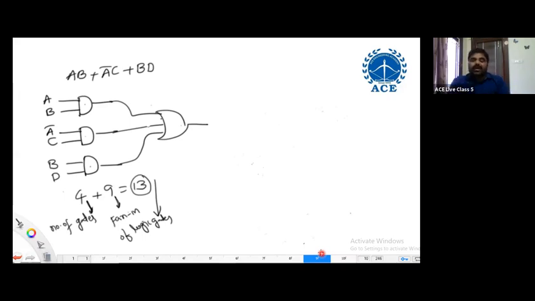Without minimization, directly implementing an expression, you might have observed multi-input AND gates and multi-input OR gates required. So the number of gates is obviously minimized, and the number of inputs of a logic gate is also minimized with this K-map minimization. So minimization of a Boolean expression is reducing the number of gates and the fan-in of a logic gate also.